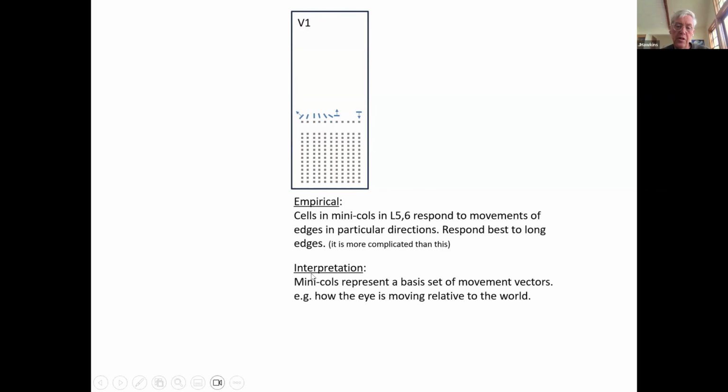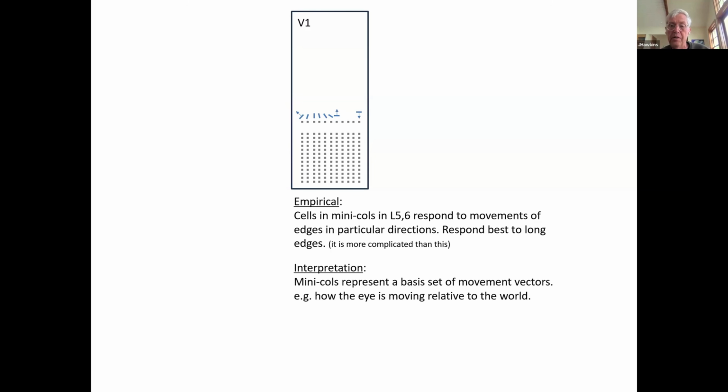So my interpretation, this first thing was an empirical observation. My interpretation now is that these minicolumns represent a basis set of movement vectors. I've already talked about that. Each one is like how the eye is moving relative to the world. In reality, if this is learned, and I think it would be learned, it doesn't have to be so simple like this. The different movements could be into the plane, out of the plane.